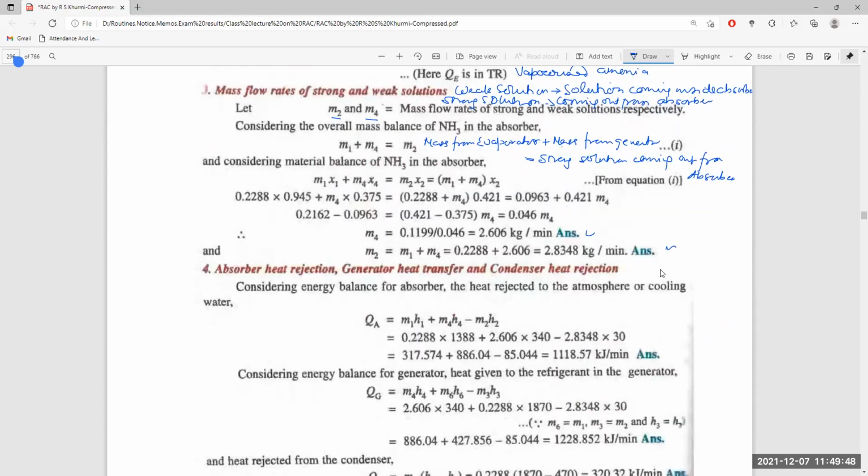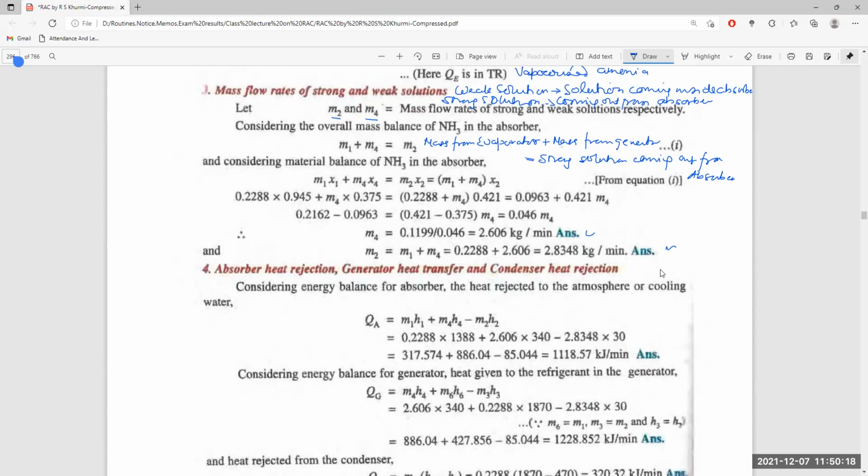M4 is the mass coming back as weak solution, 2.606 multiplied by 340, minus 2.828 multiplied by 48, which is the mass flow M2 coming out.